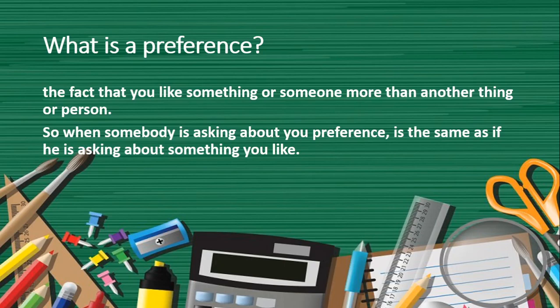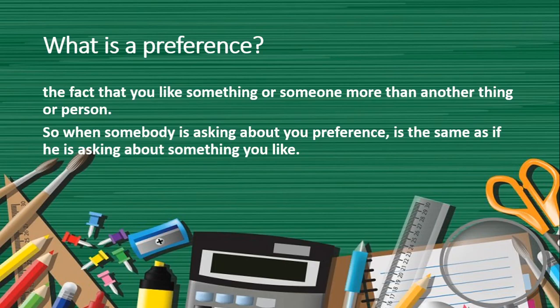So take this as an example. I have juice and I have water. I know that some of you have a preference about one over the other. Some of you prefer the water because it's healthier, and some of you prefer the juice because it's tastier, right?